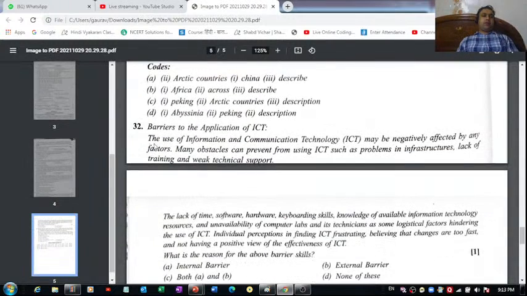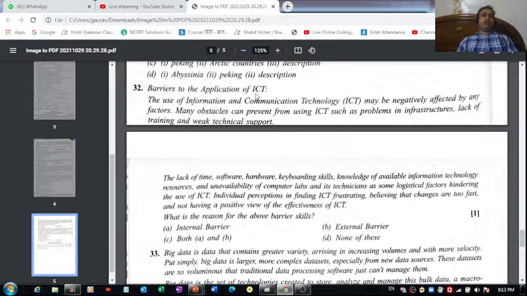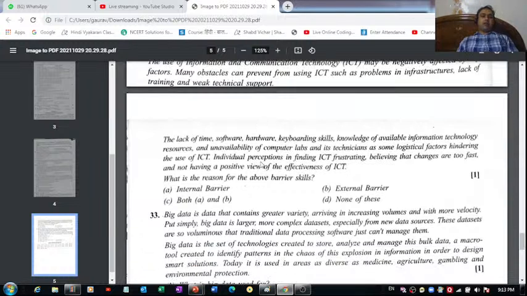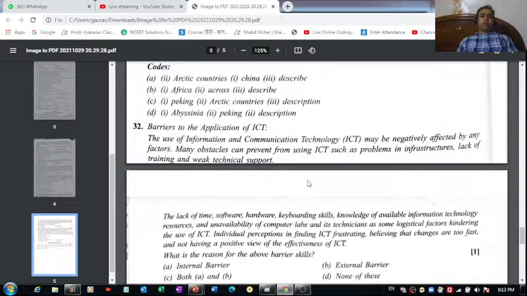Then we have question number 32, barriers to the application of ICT. So it's based on ICT. Let me check. What is the reason for the above barrier? In this question some kind of barrier has been talked about.